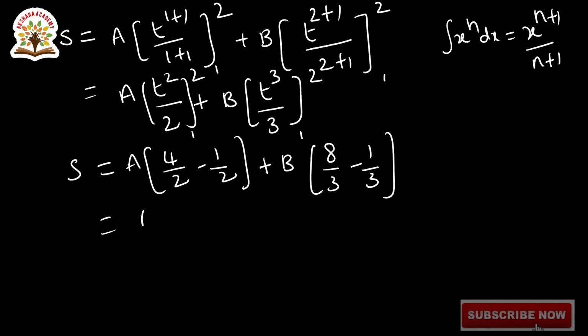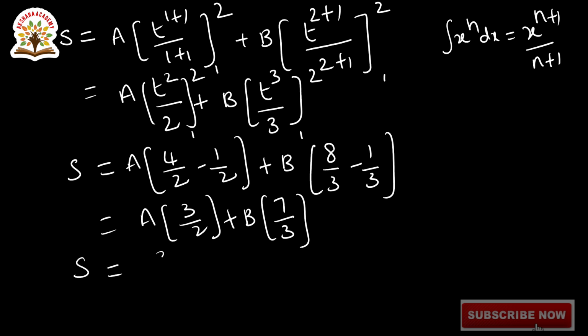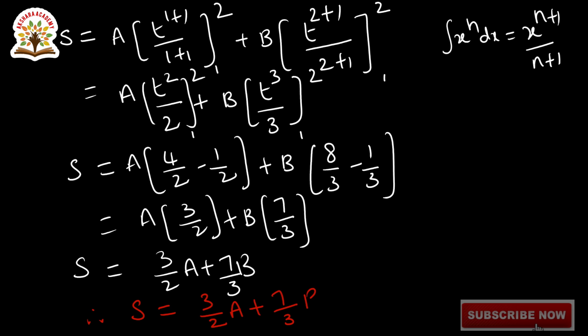Applying the limits and taking LCM, (4 minus 1)/2 is 3/2, plus b times (8 minus 1)/3, that is 7/3. So the distance travelled S = (3/2)a + (7/3)b. This is the final answer. Therefore, distance S = (3/2)a + (7/3)b.